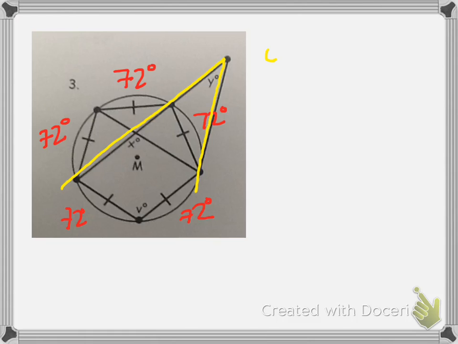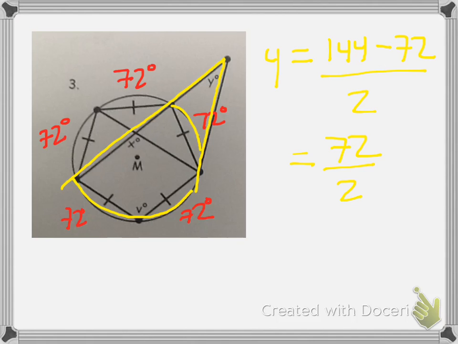So y is equal to the big arc length, from here to here, which is 72 plus 72, which is 144, minus this arc length, so minus 72, divided by 2. So 144 minus 72 is 72, and you divide that by 2, and we get 36. So y is equal to 36 degrees. Okay, so we got y.